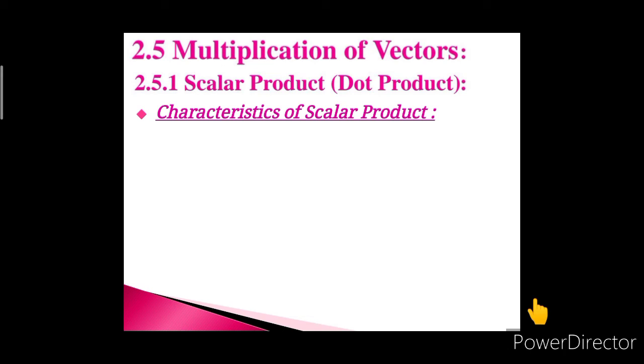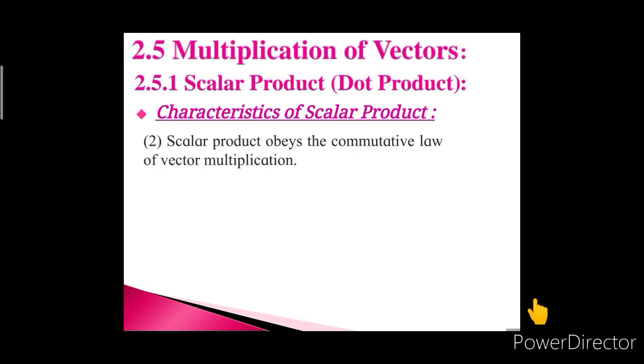Then the second characteristic we have studied: the scalar product obeys the commutative law of vector multiplication. That means if we change the order of multiplication, the result will remain the same.